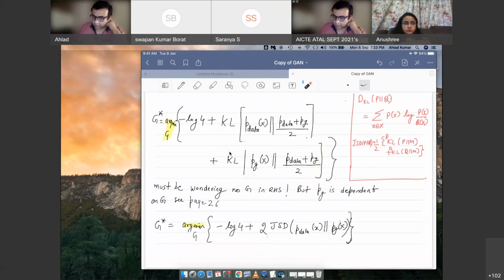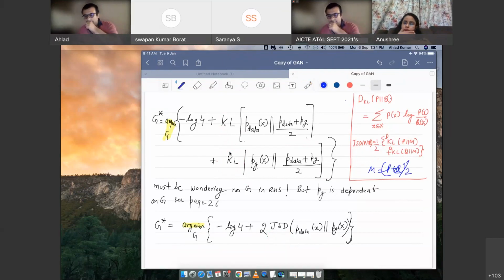And now what we can do is we can combine these two terms together. And that can be done by using Jensen-Shannon divergence, which actually takes these two terms together and combines them to form one single expression. And if you want to see what that is, you can see the expression for Jensen-Shannon divergence in terms of the KL divergence of the two PDFs, which are P and Q, and there is an intermediate PDF which is M. So this M is nothing but P plus Q by 2.